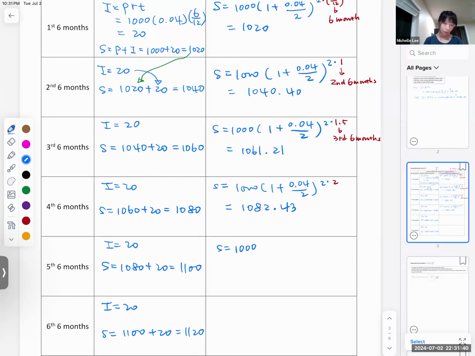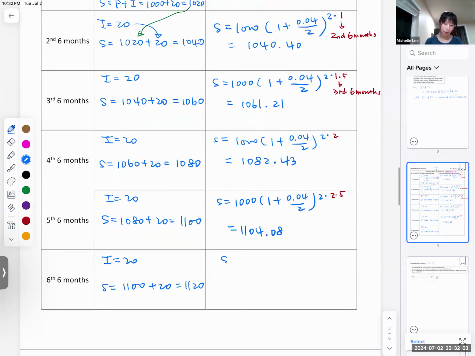And same, 1 plus 0.04 over 2, 2 times 2.5, because now we understand it's the fifth 6 months. If we calculate this one, 1,104.08. Okay, last one, same. It's 3 years, so 2 times 3 years.